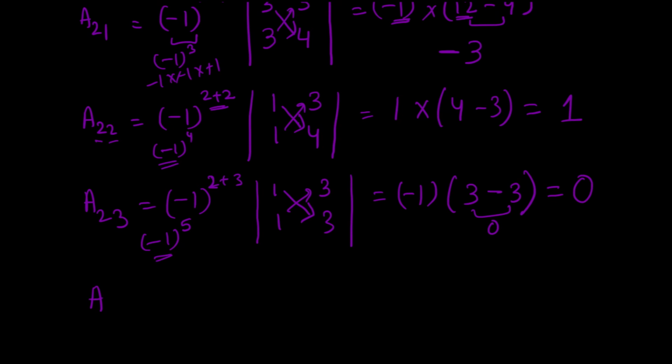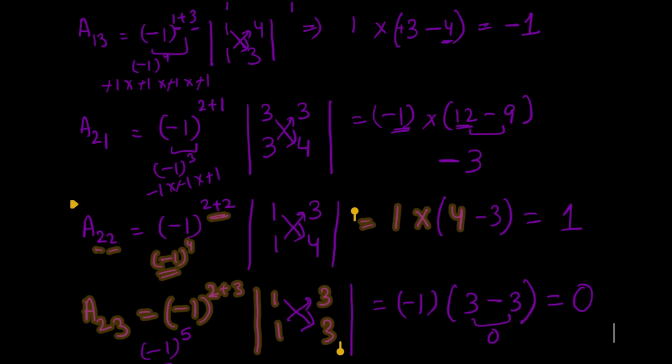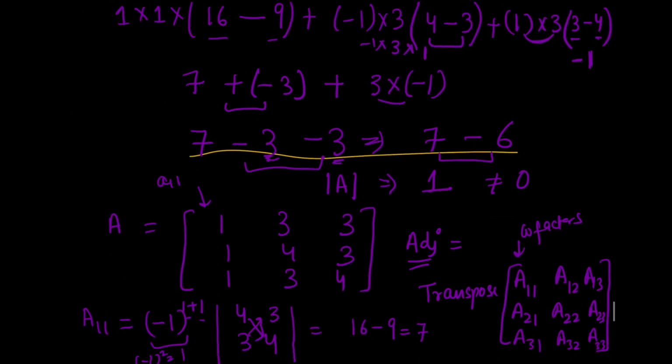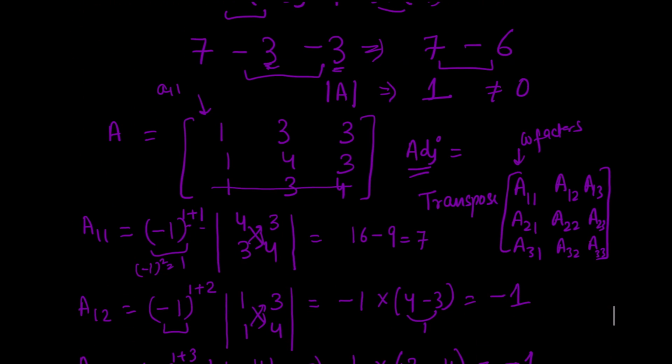Now let's find the A31 element, which is minus 1 to the power 3 plus 1, and again you have to find the determinant for elements other than row 3 and column 1. So removing row 3 and column 1, you get 3, 3 and 4 and 3.